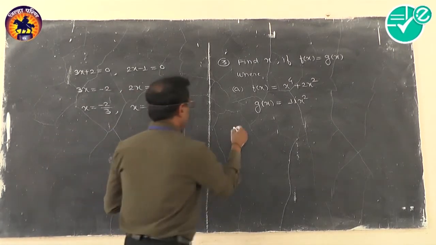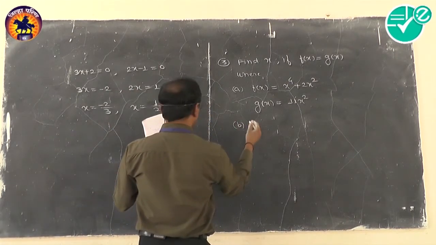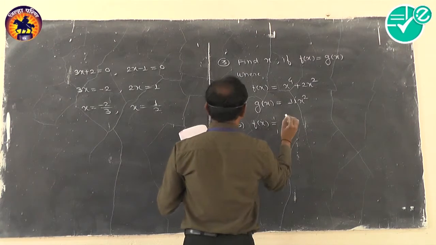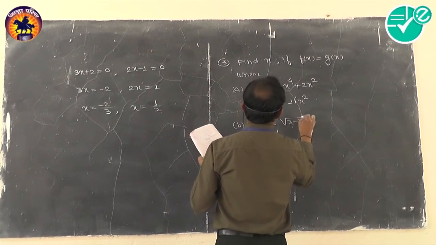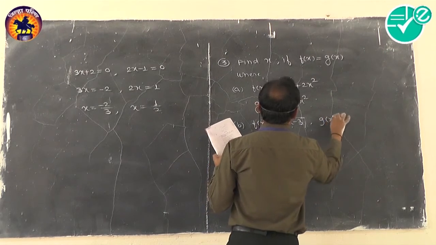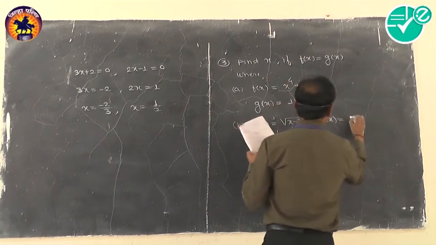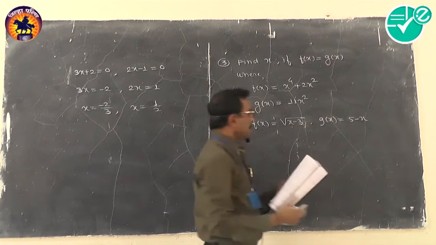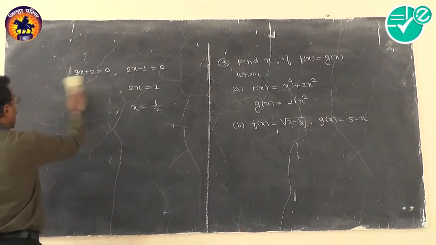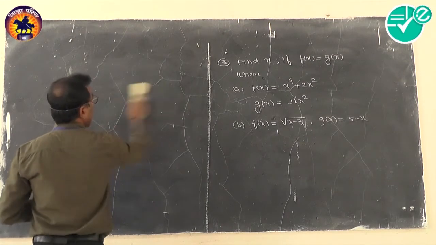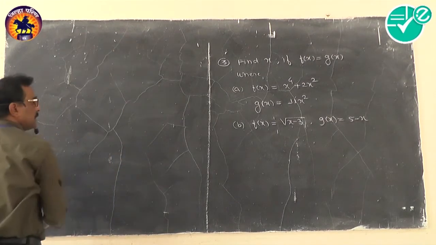After that there is sub question B: f of x is equal to root of x minus 3, and g of x is equal to 5 minus x. Just work it out and get the required answer. We want the value of x actually.